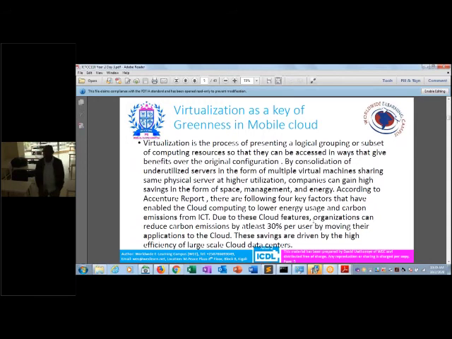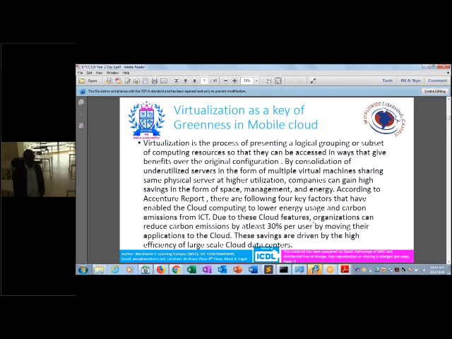According to the Accenture report, there are 4 key factors that have enabled cloud computing to lower energy usage and carbon emission from ICT. Due to these cloud features, organizations can reduce carbon emission by at least 30% by moving their applications to the cloud.